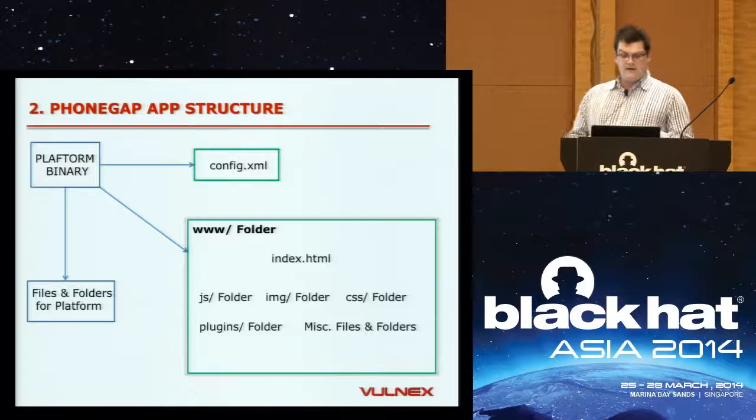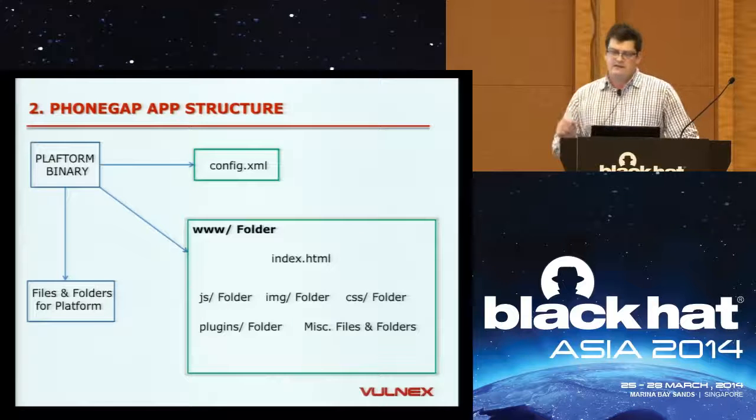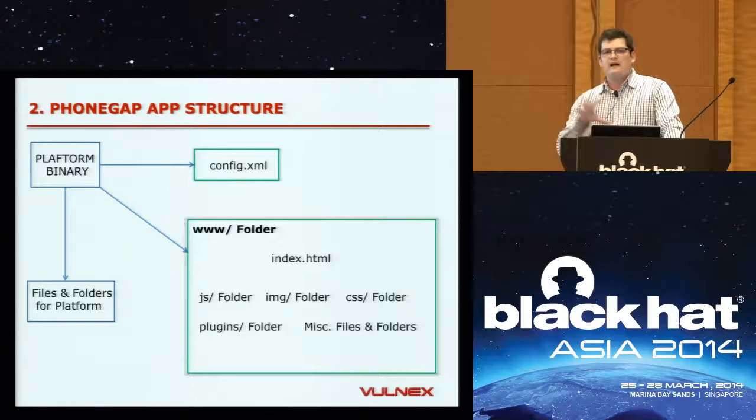And then we also have the files and folders for the application. For example, if I'm doing PhoneGap for Android or PhoneGap for iPhone, I will get folders and files for the Android or the iPhone app. But we can also get another folder, and that's the folder we're interested in. We get the www folder, and that's the entire application.